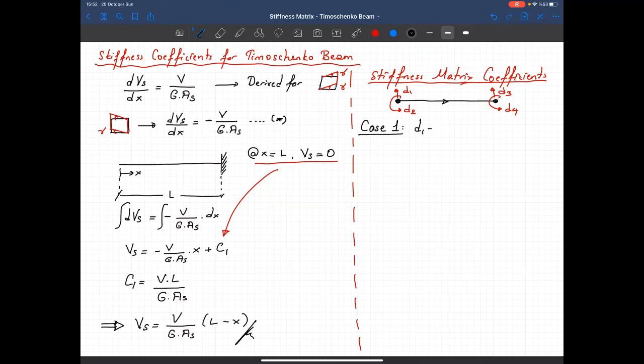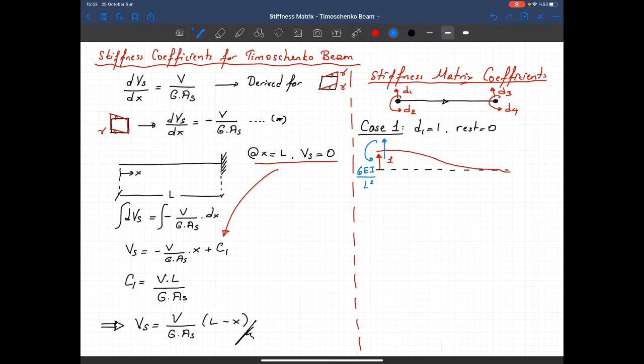Now let's start from case 1. D1 is equal to 1, the rest are equal to 0. So let's draw the deformed shape. I'll just assume that there is no shear deformation. Okay, when there's no shear deformation, the translation is equal to 1, and I know what the forces are. This is 6EI over L squared.